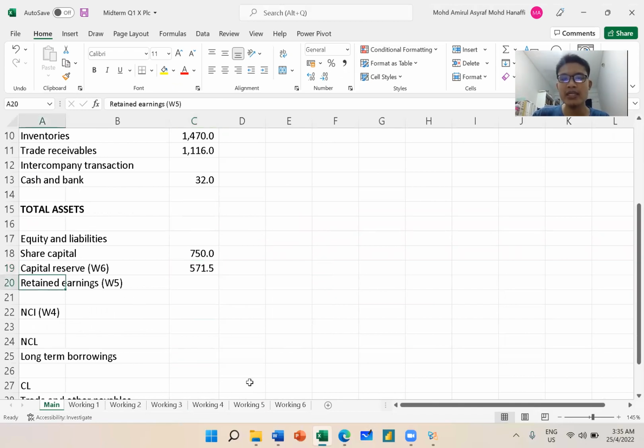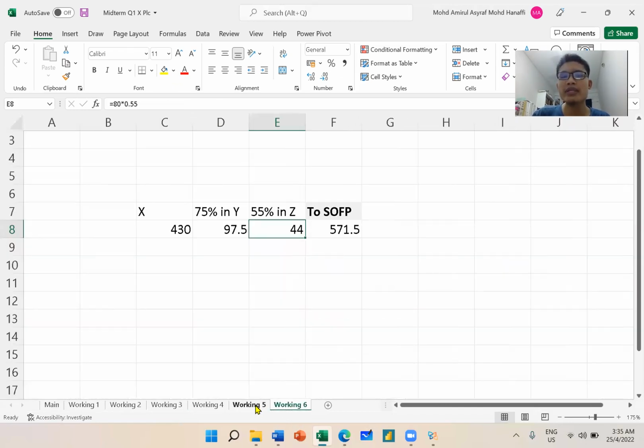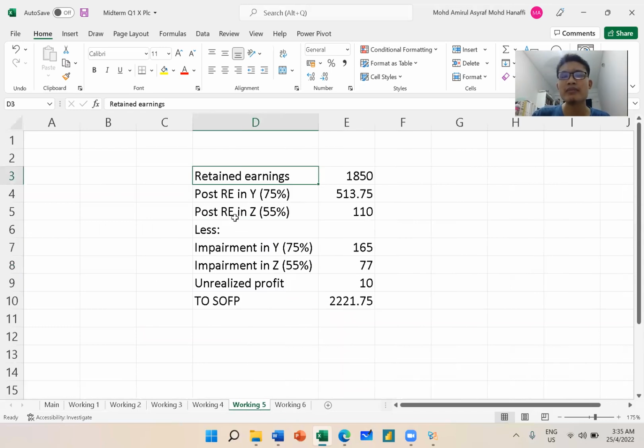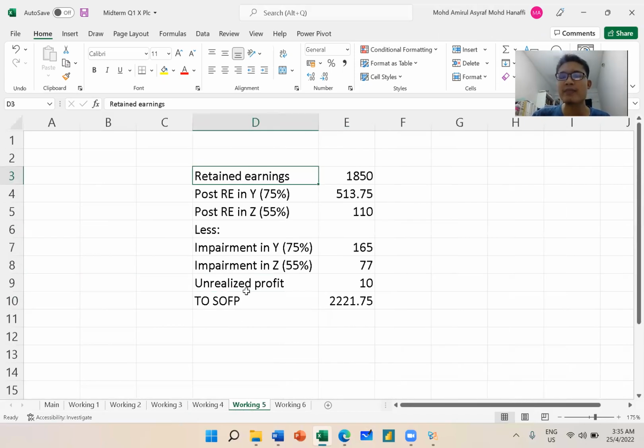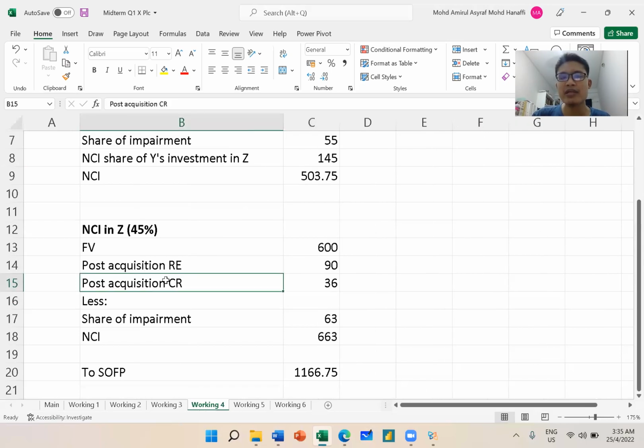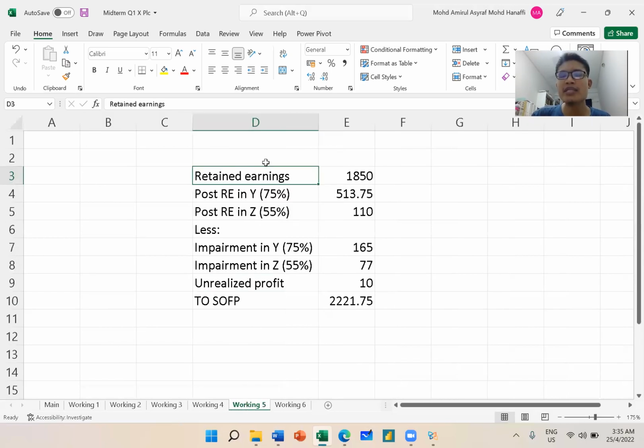When you calculate this, do not include capital reserve. For NCI, when you calculate the NCI value, you include retained earning and also capital reserve. But when you calculate retained earning of the parent, when NCI gets the share of capital reserve, why is it that the parent does not get capital reserve?